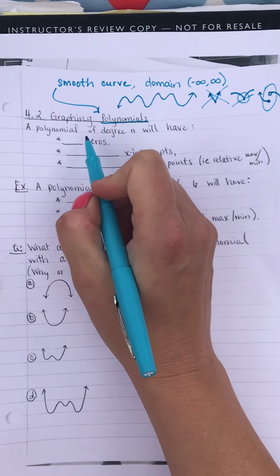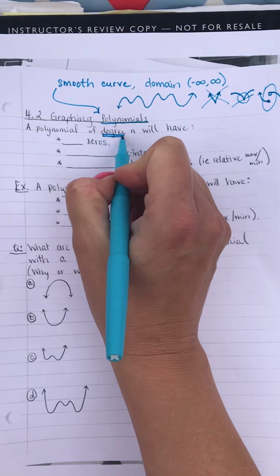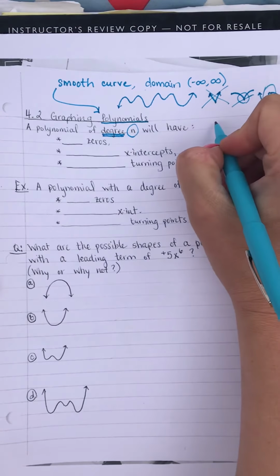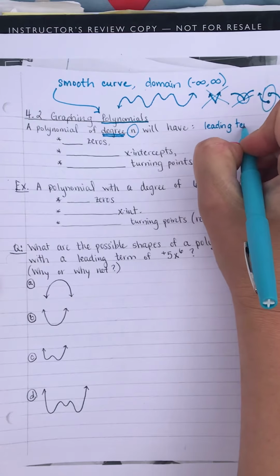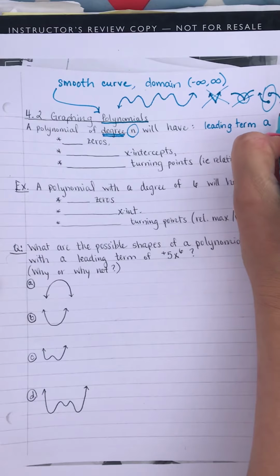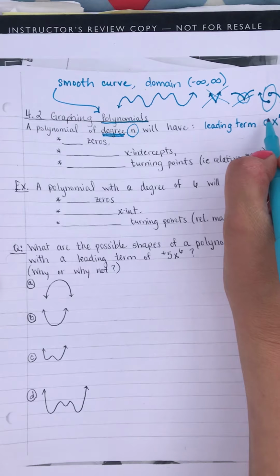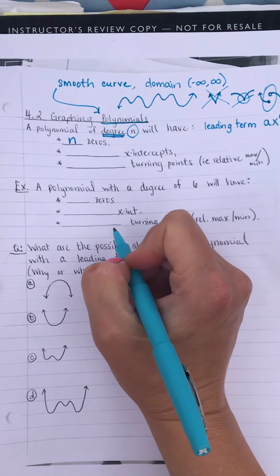So now let's look at something to do with the degree. If it has a degree of n, it means your leading term looks like this, a x to the power of n, okay? So if the highest power is n, then it's going to have n many zeros.